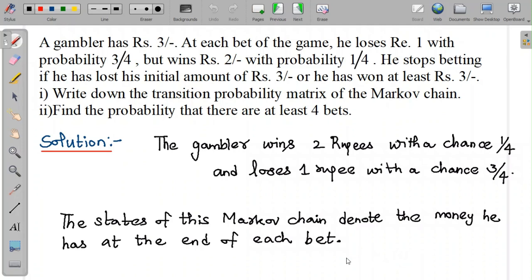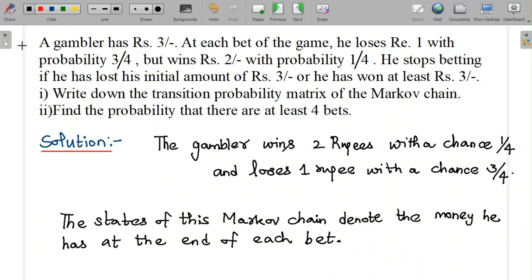So let's read the question again. A gambler has rupees 3 at the start of a betting sequence, and he follows this pattern. At each bet of the game, he loses rupee 1 with the probability of 3 by 4, but wins rupees 2 with the probability of 1 by 4.